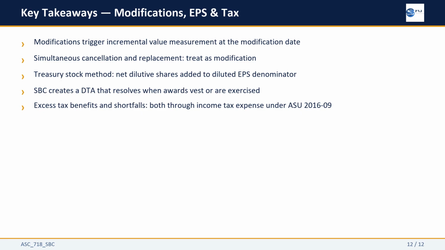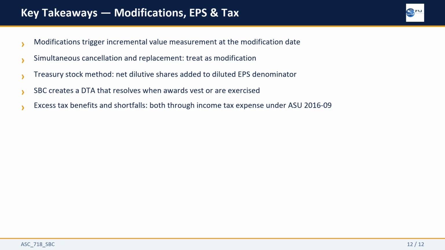Modifications, EPS, and tax represent three distinct technical areas that each require careful attention in practice. Modifications require measuring incremental fair value on the modification date, whether the change is a repricing, a target adjustment, or an acceleration upon termination. Cancellation and simultaneous replacement is a modification.